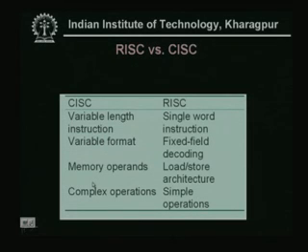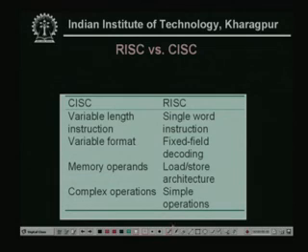So, if we summarize the comparison between CISC and RISC, the main differences are these. CISC has variable length instructions, whereas RISC has fixed instructions.